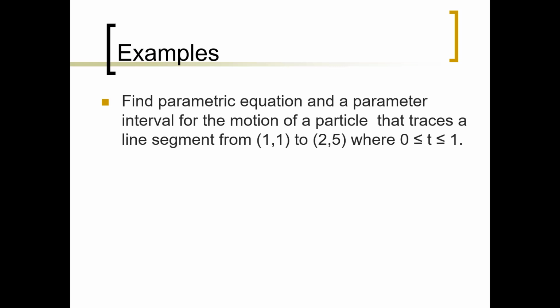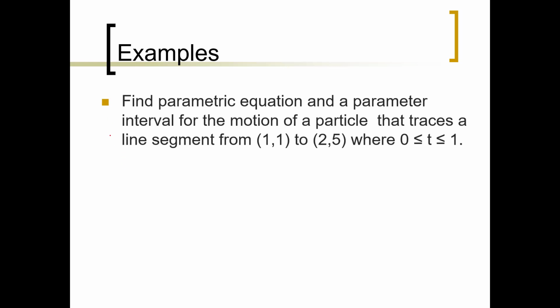So let's find a parametric equation and a parameter interval for the motion of a particle that traces out the line segment from (1, 1) to (2, 5). Since it's a line segment, I'll be using the line parameterization.